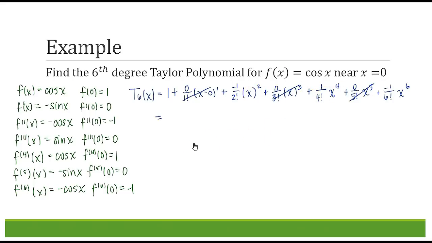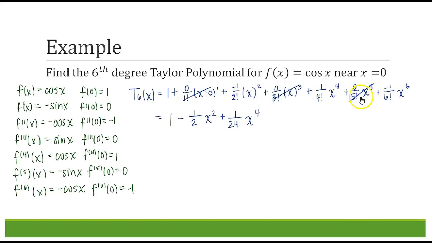So we're going to have 1 minus 1 over 2 factorial is 2, so we have 1/2 x squared, plus, now we have 1 over 4 factorial. So 4 times 3 times 2 times 1 is going to give me 24. So I'm going to have plus 1 over 24 x to the 4th.